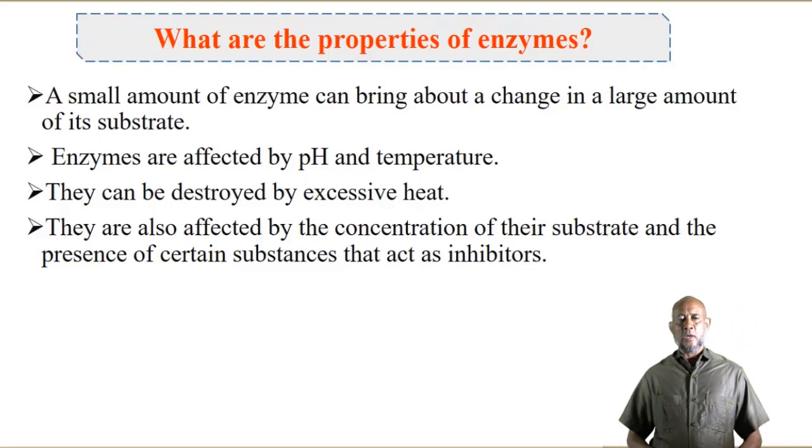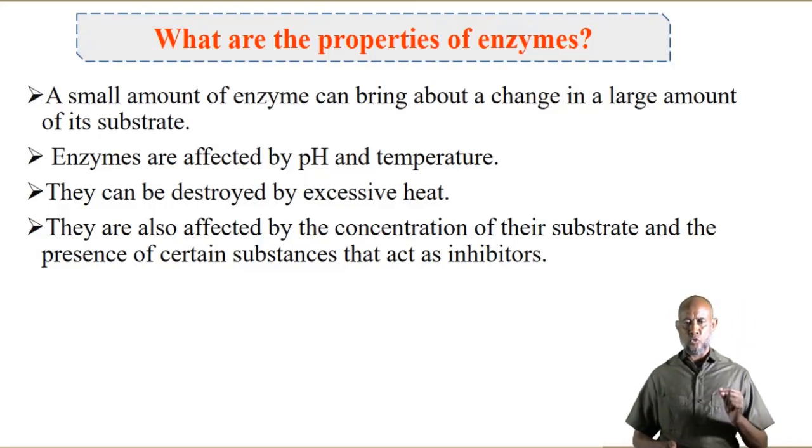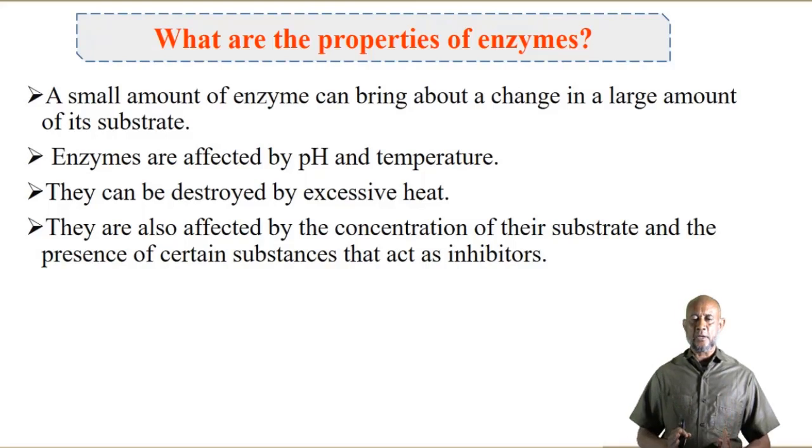We said that enzymes are extremely sensitive to pH and temperature. They can be destroyed by excessive temperature. Therefore, they don't tolerate very high temperature. They are also affected by the concentration of their substrate, meaning that when the substrate is increased, the reaction rate also increases.